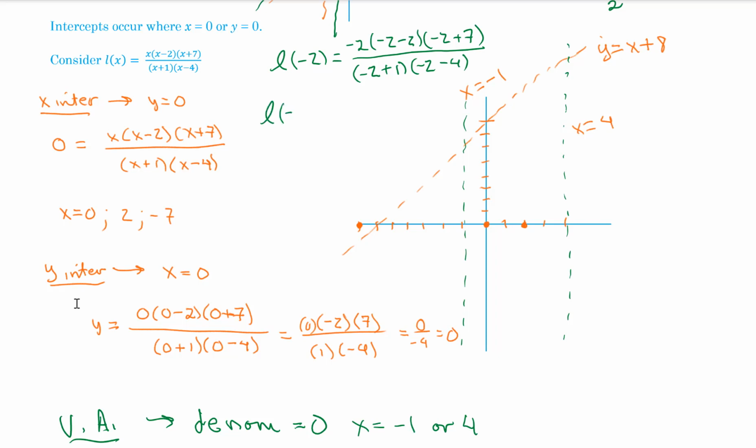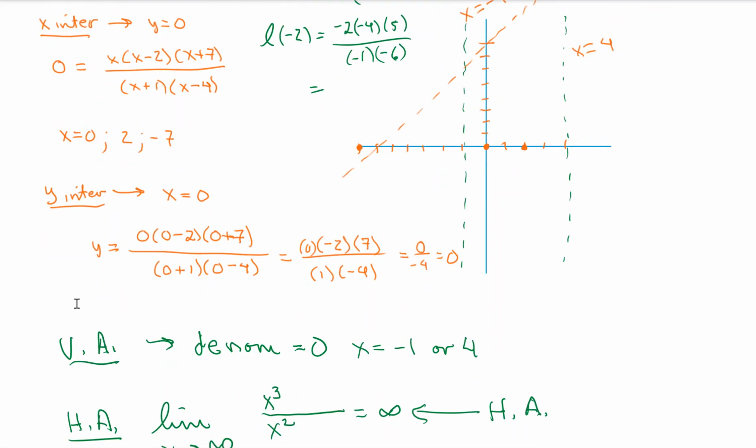This gives me L of negative 2 equals negative 2 times negative 4 times 5, over negative 1 times negative 6. Negative 2 times negative 4 is 8, times 5 is 40, over 6. So that's 20 over 3.